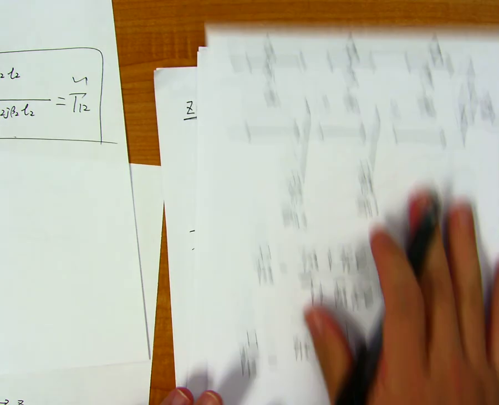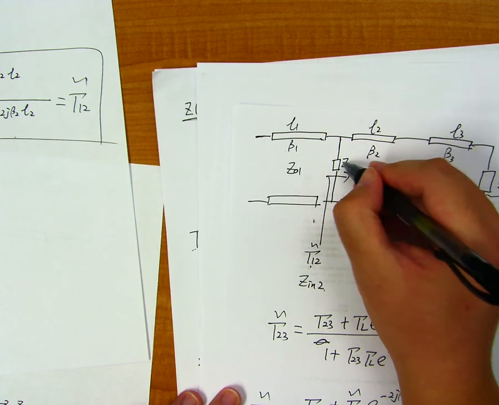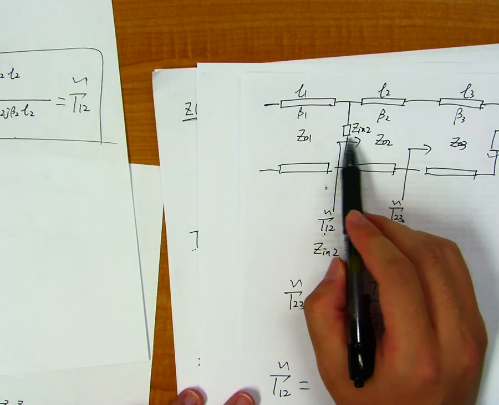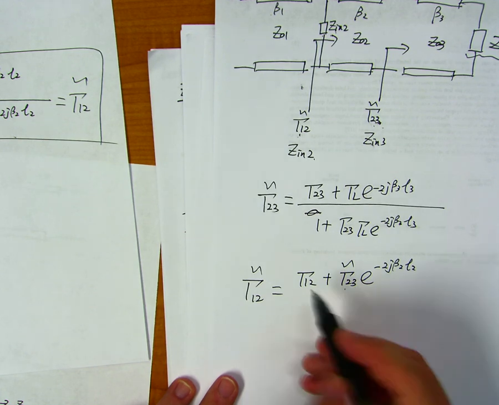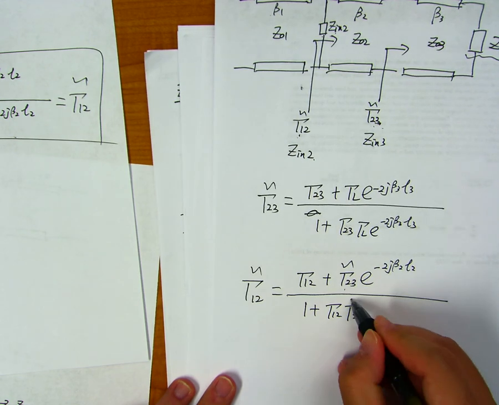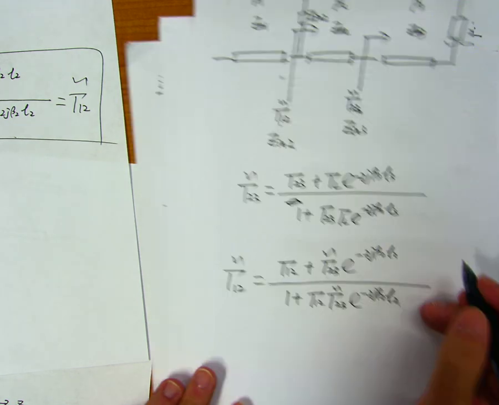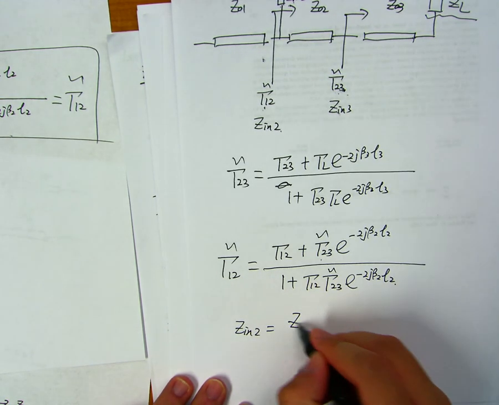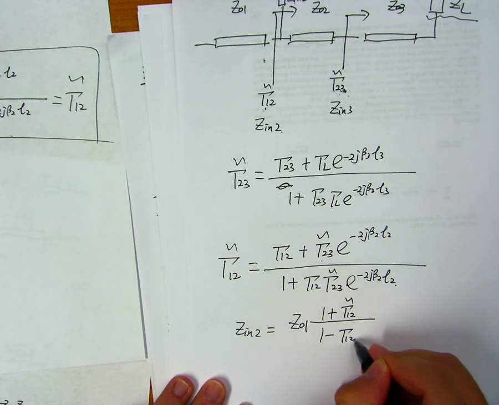Because if you draw the equivalent circuit here, this is nothing but Z_in2, and the reflection coefficient due to this Z_in2 is nothing but gamma_23 tilde. Also you can find the input impedance Z_in2, which is Z01 times (1 plus gamma_12 tilde) over (1 minus gamma_12 tilde).